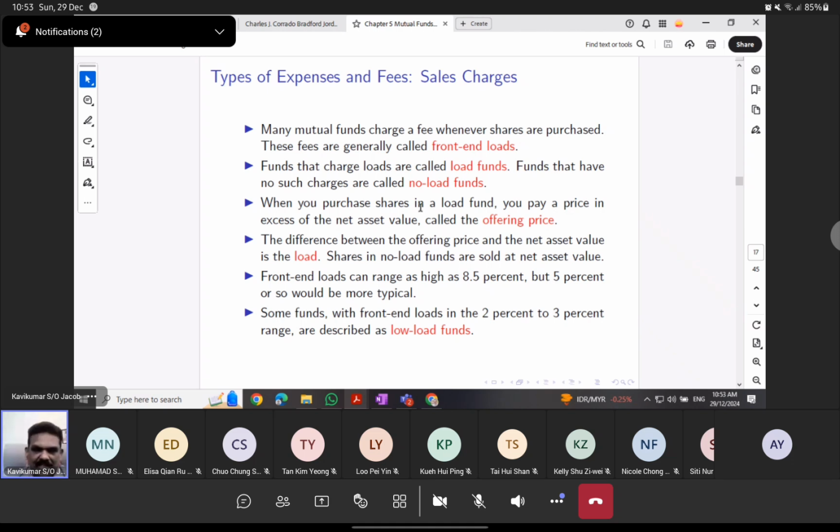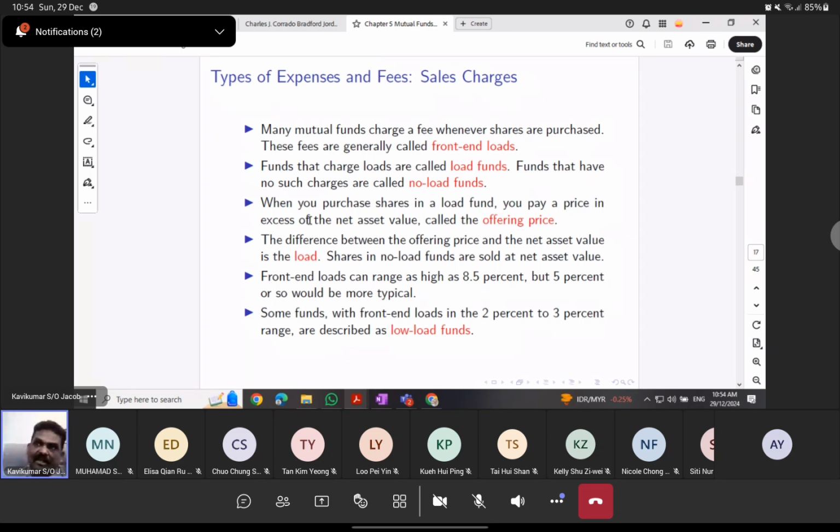When you purchase shares in a load fund, meaning with charges, you pay a price in excess of net asset value, called what? The offering price. If you purchase a chargeable fund, you pay a price in excess of the net asset value.